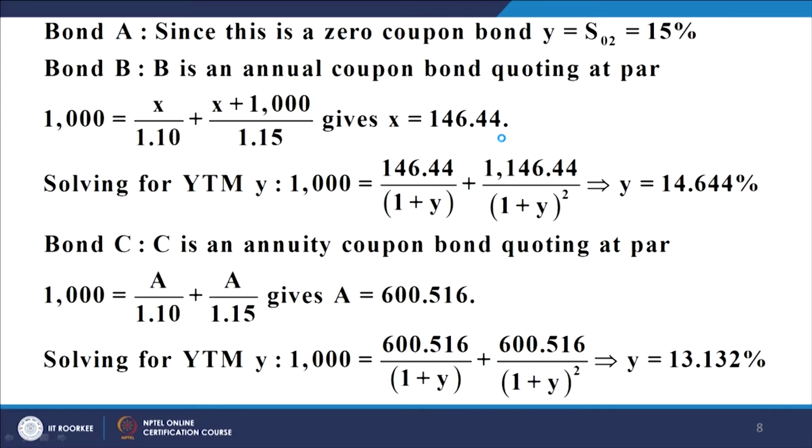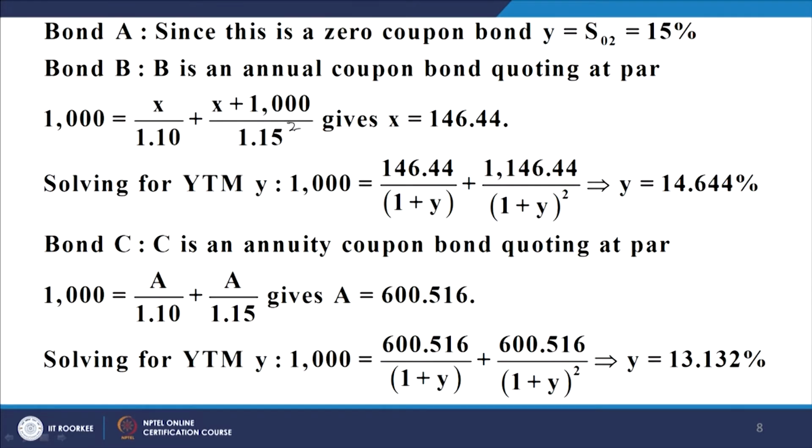This would be the cash flow at the end of the second year, and this would be discounted at the 2-year spot rate, which is 15%. So, there should be a square here, I am sorry. So, x plus 1000 divided by 1.15 squared, because the discounting is for 2 years, and this gives us x is equal to 146.44. In other words, the coupon rate is 14.644%.